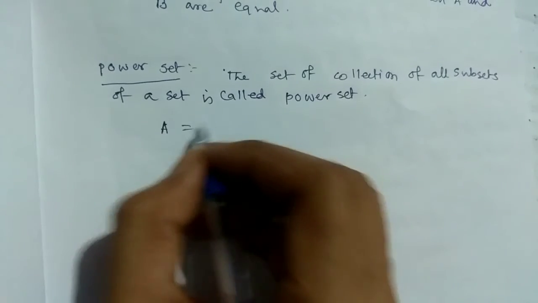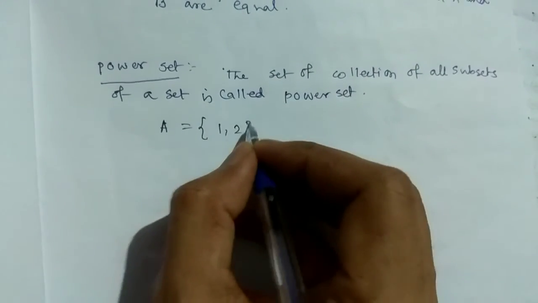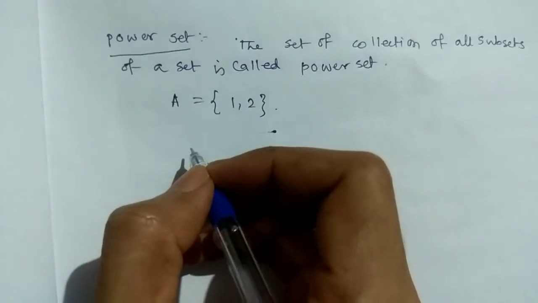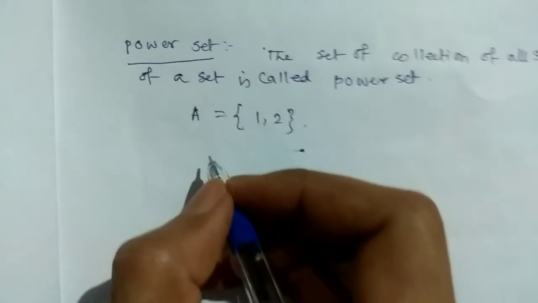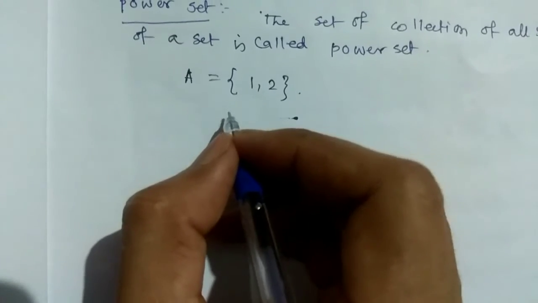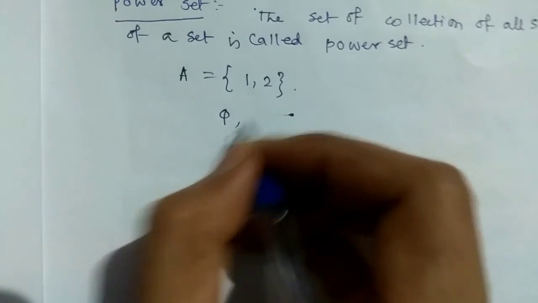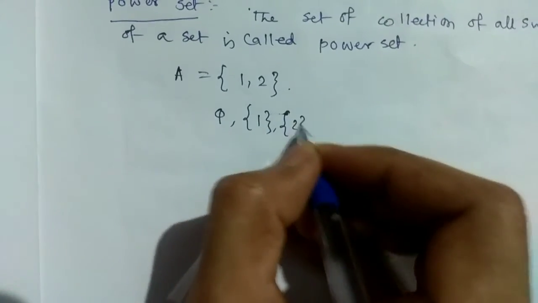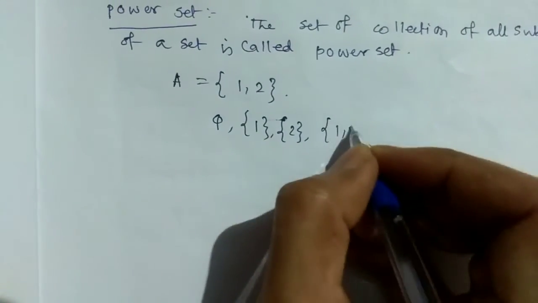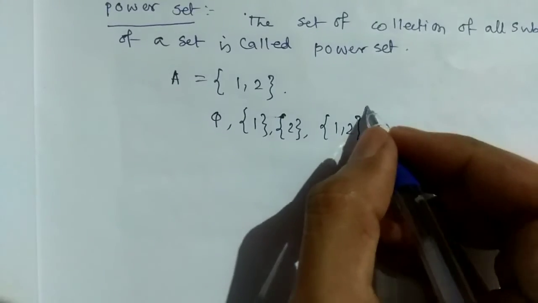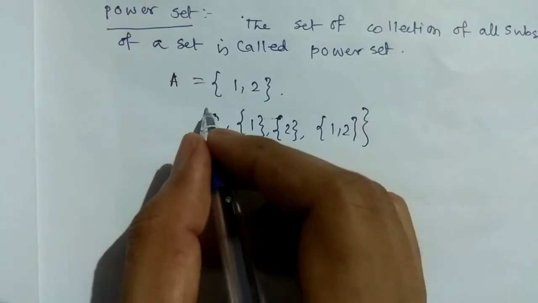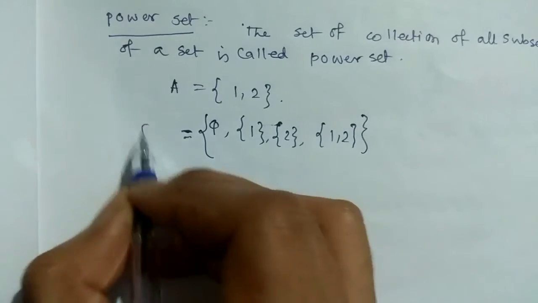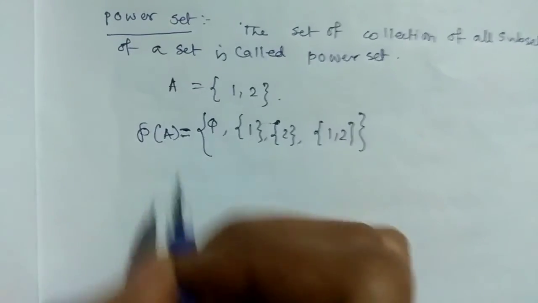Suppose the set A equals 1 and 2. We know that phi is a subset of every set, so the subsets of A are phi, 1, 2, and 1, 2. This set is called the power set, and it is denoted by rho of A.